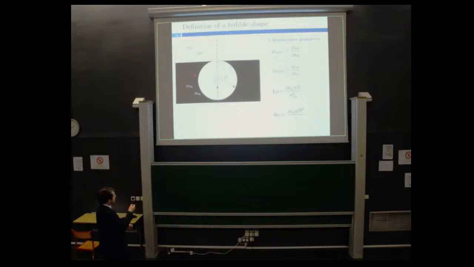We have here in black the liquid with the viscosity of the liquid and the density of the liquid. And in white, we've got the air with its viscosity and its density. We note g the action of gravity, R the radius of the bubble, and gamma the surface tension between the air and the liquid. You can observe here on this shape a small green line.